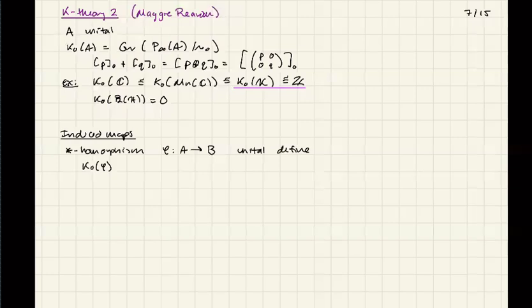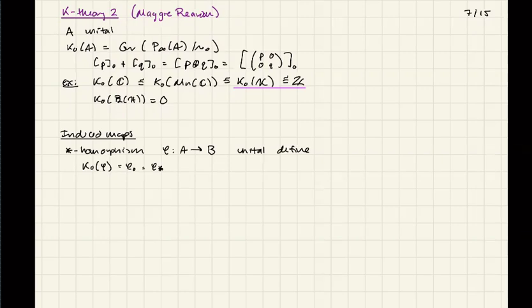You might see it referenced as just phi 0 or sometimes just phi star. I will try to be careful with my notation and keep it as K0 of phi, but you'll see this in other resources as well.